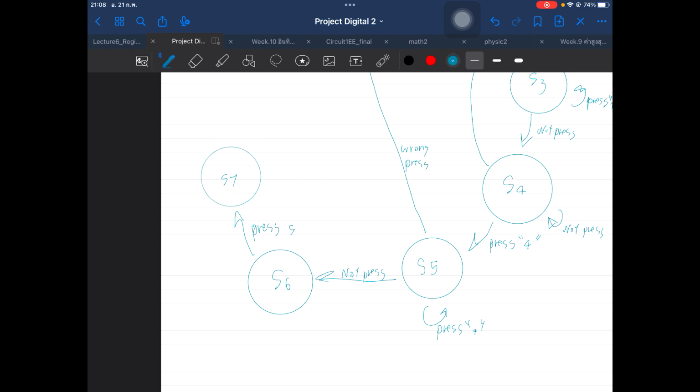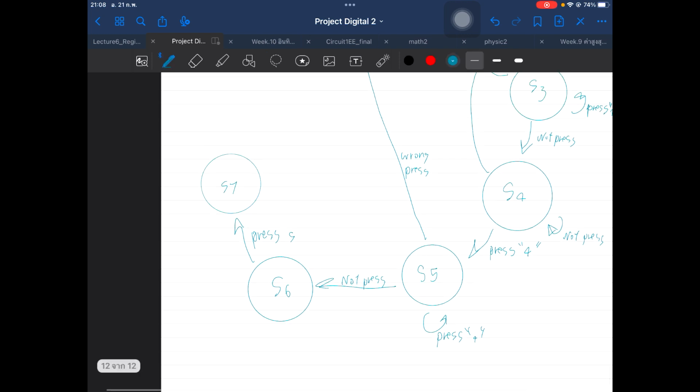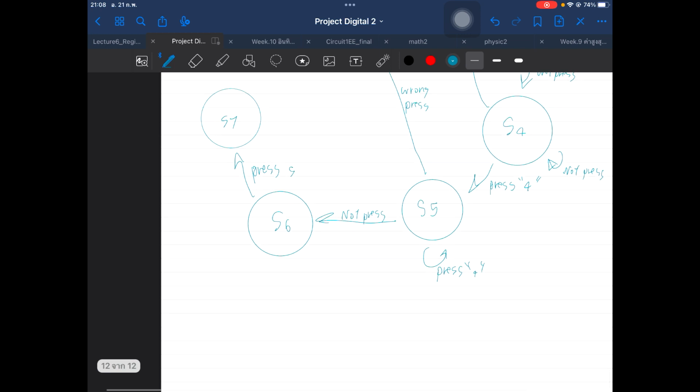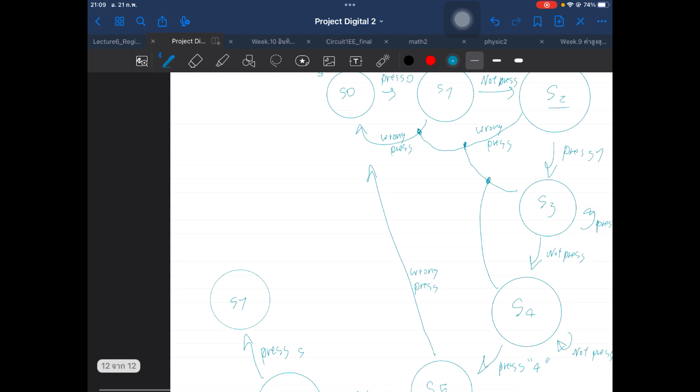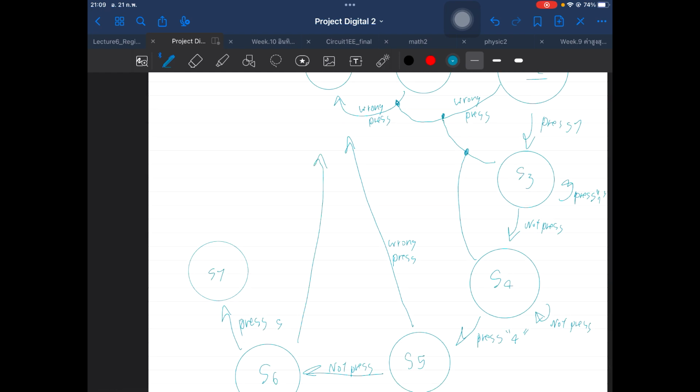But if you do not press the number, it is the not press case, and it will stay in state 6. But if you press the wrong number, it will go to state 0 immediately.